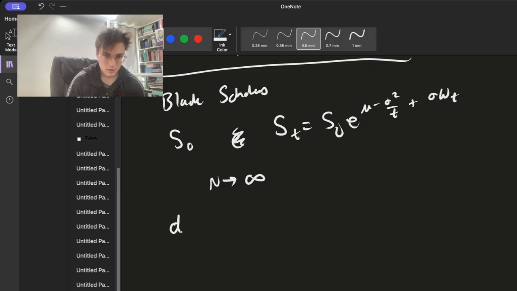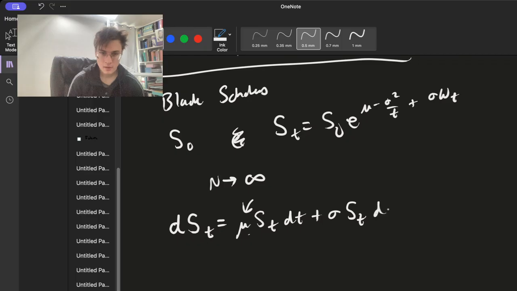In the case of Brownian motion, the underlying stock changes according to the differential equation dS_t = mu S_t dt + sigma S_t dW_t, where mu is the drift. I think that's correct.